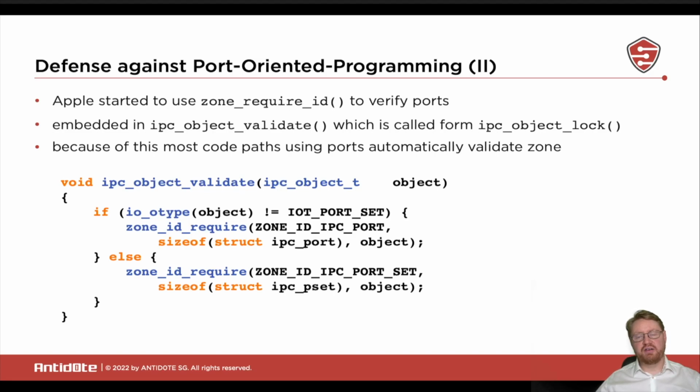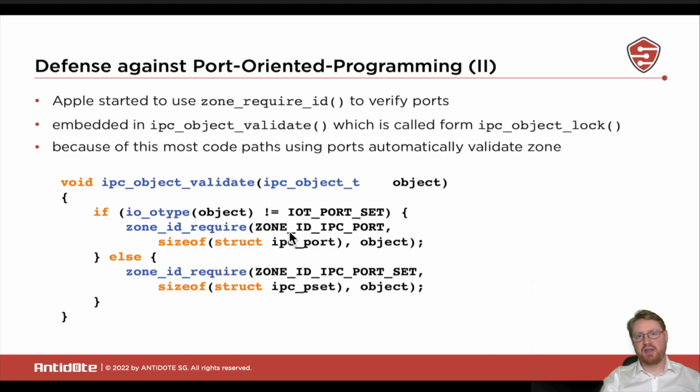The idea is that each important kernel object has a numerical ID that is fixed. For example, here we have the zone ID IPC port and zone ID IPC port set. So depending on whether an IPC object is just a port or a port set, this function here, ipc object validate, will actually check if the submitted pointer is of the right zone type.